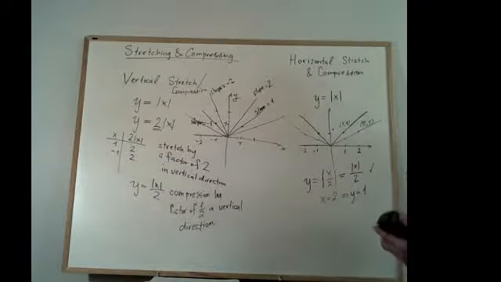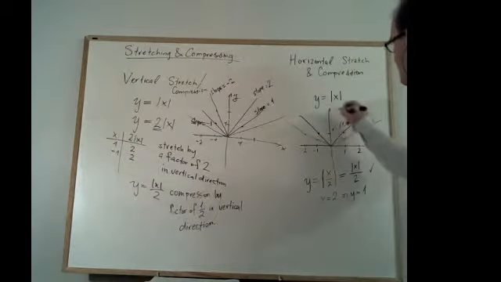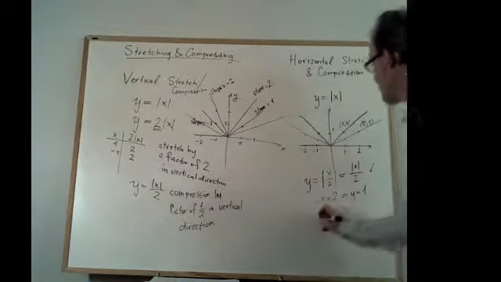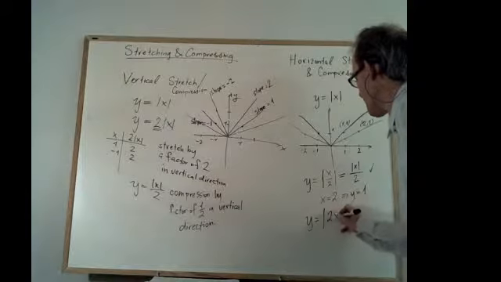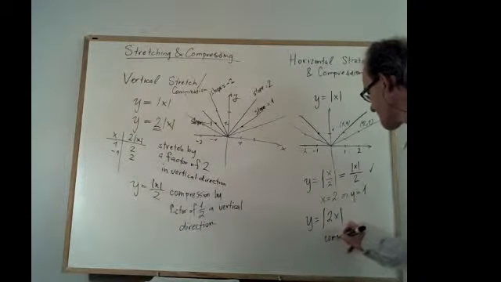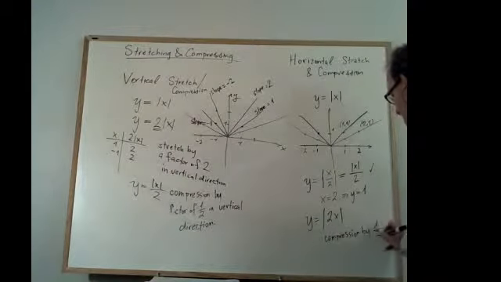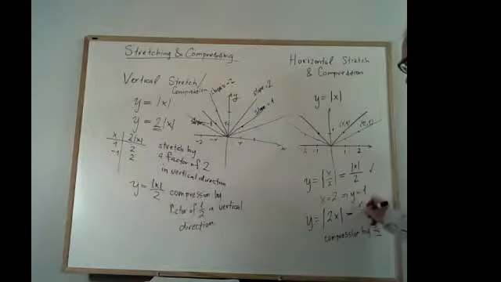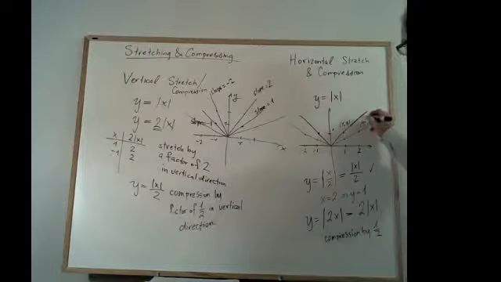And likewise, compression in the vertical direction, compression is going to give... so this is compression by a factor 1/2. This is going to be the same as 2 absolute value of x. So if I compress in, I'm going to be taking, say, this point here, 2, 2.